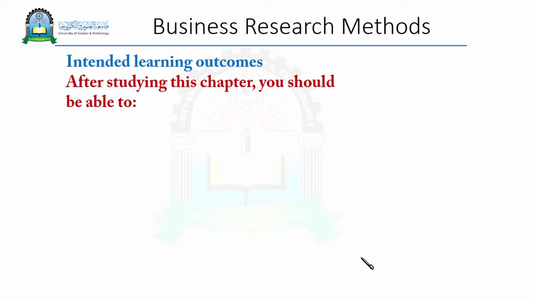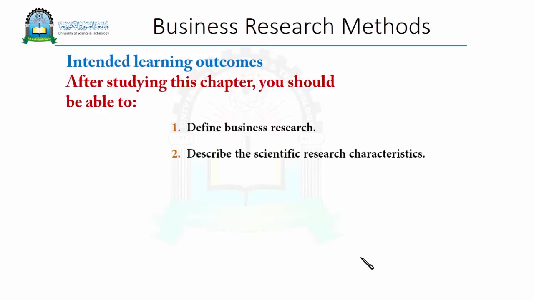So the intended learning outcomes for this course are that after studying this chapter, the students should be able to define business research. This is very, very important to understand from the beginning. Defining business research is the first ILO for this session.